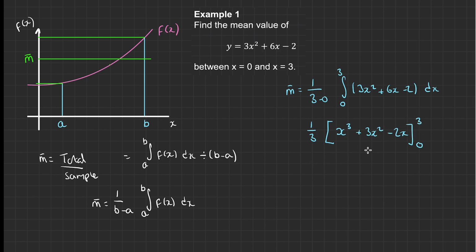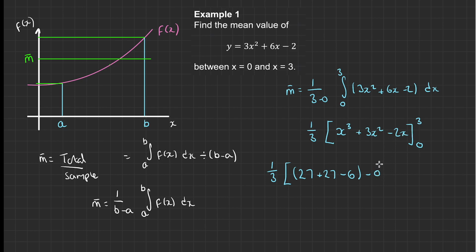So now we'll substitute in our limits. We get 1/3 of 3 cubed, so 27, plus 3 squared, which is 9, times that by 3, so another 27, minus 2 lots of 3, and then take away when we substitute in the 0. But when we substitute in the 0, all of these become 0.